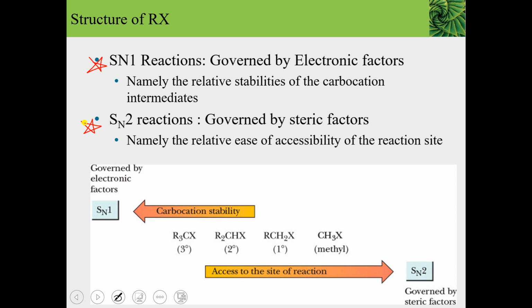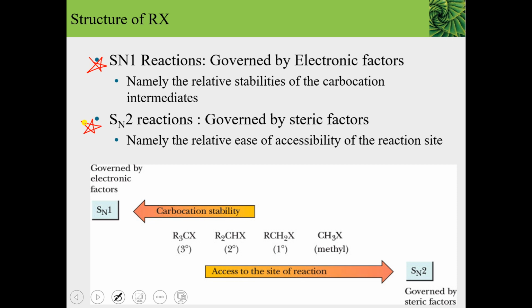Is it attached to just hydrogens, one methyl group and a few hydrogens, or all methyl groups? So how big and bulky are the things surrounding the electrophile, where the nucleophile will come in for that back attack? You can understand this on the basics. We know with SN1, if we need carbocation stability, then tertiary is the most stable.